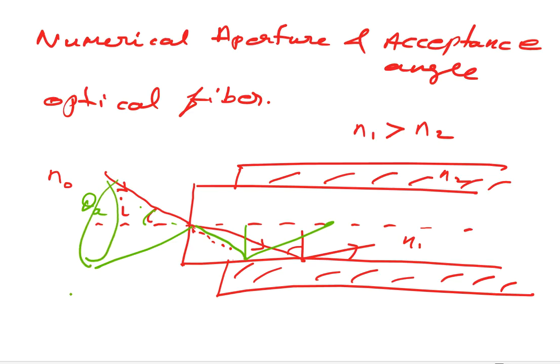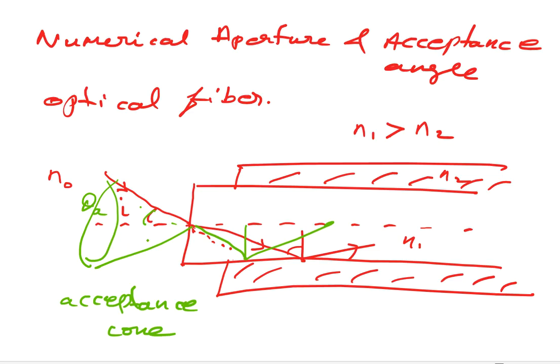This cone is called the acceptance cone, and that total cone angle is called the acceptance angle. This theta A is the half acceptance angle.